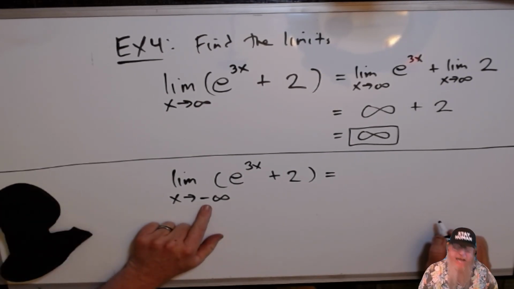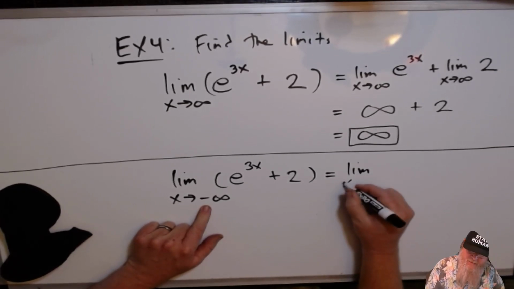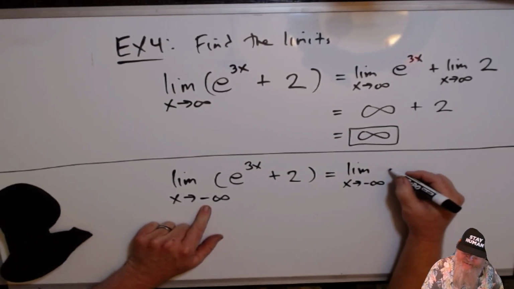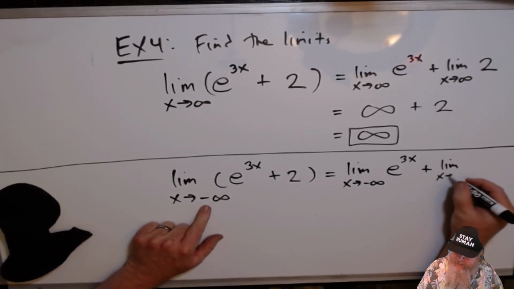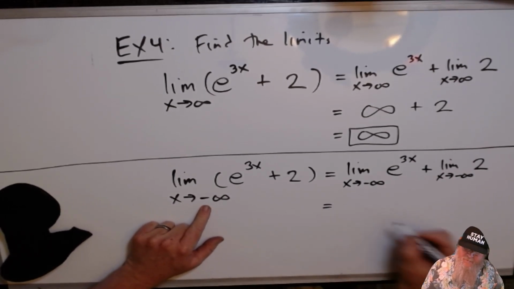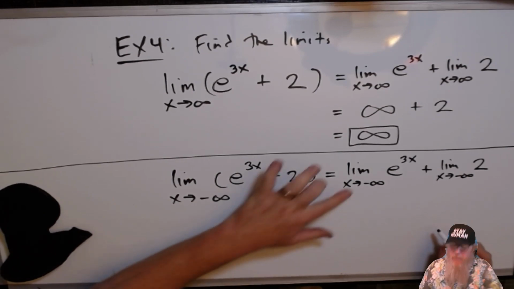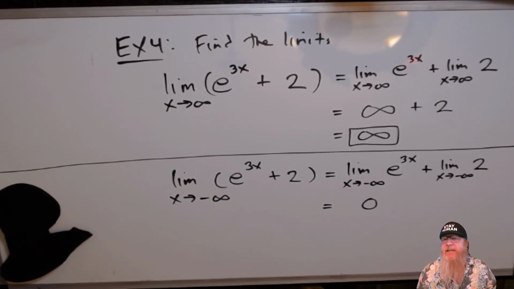All right. This one's going to negative infinity. So that'll be the limit as x goes to negative infinity of e to the 3x plus the limit as x goes to negative infinity of 2. Now again, if you don't have this memorized, we do because we just did it, it's 0.